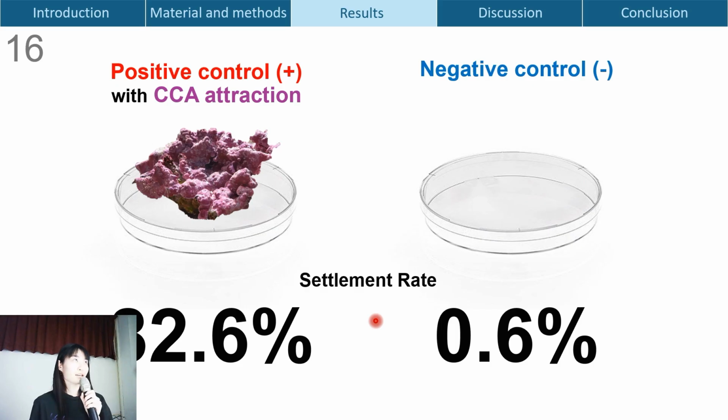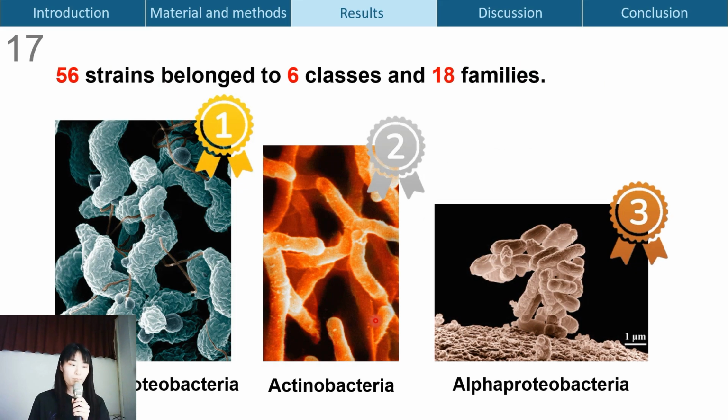So as the result, before the bacteria part, we used the crustose coralline alga as the positive control at first, and we made sure that the larvae's viability is great, resulting in an 82.6% settlement rate, while negative controls only resulted in 0.6%.